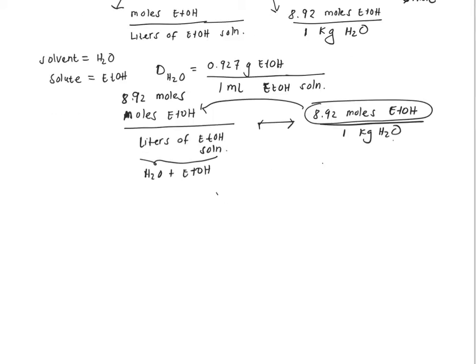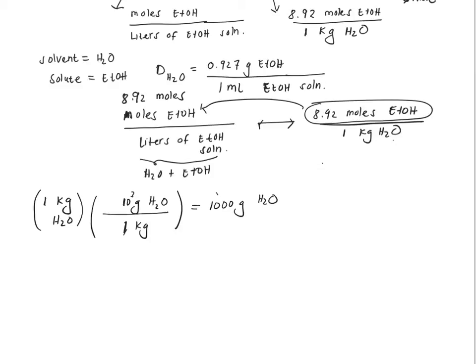Okay, so we were given 1 kilogram of water from the molality. We're going to convert that to grams. Remember that there's 1,000 grams in 1 kilogram. So this gives us 1,000 grams of water. We need to determine our grams of ethanol.